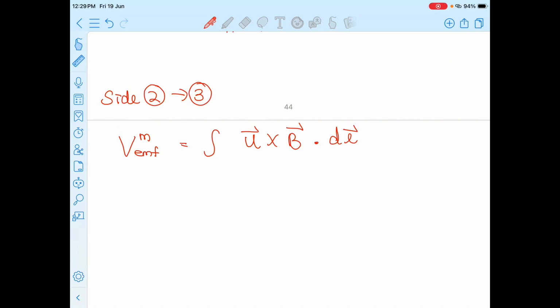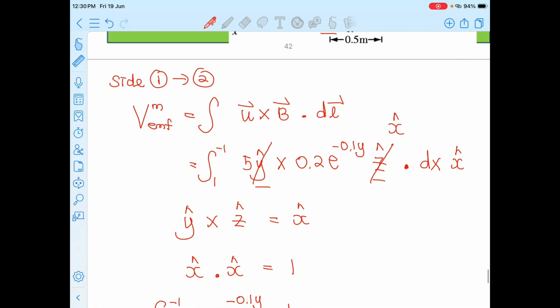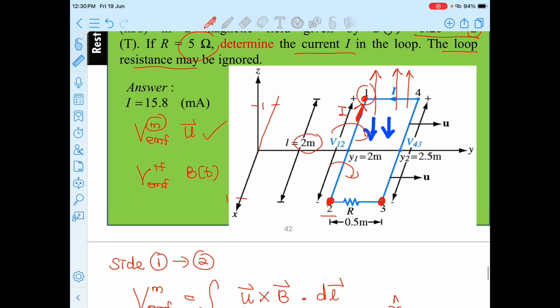So what is our U? Our U is the same, 5y, just like for side 1, 2. And our B is also the same, 0.2 e^(-0.1y) in the z direction. And dL is the length of side 2 to 3.